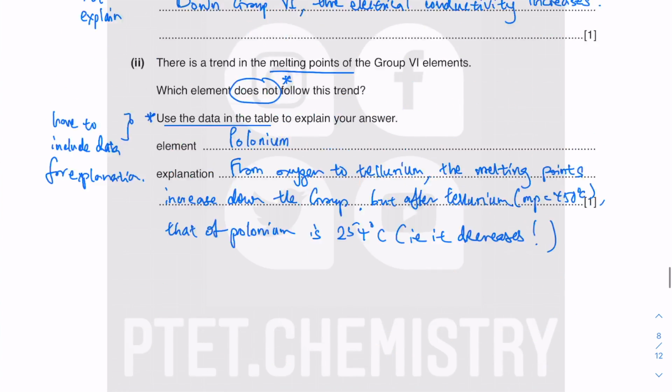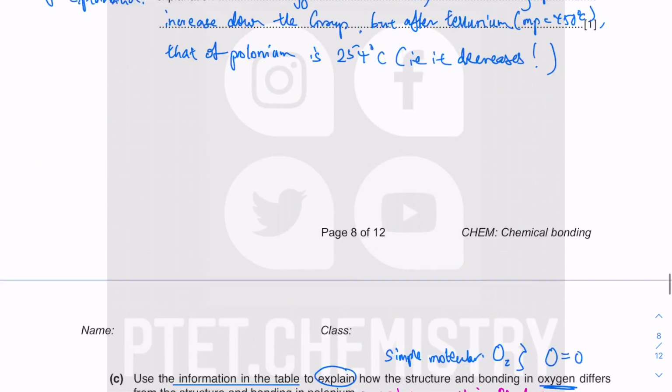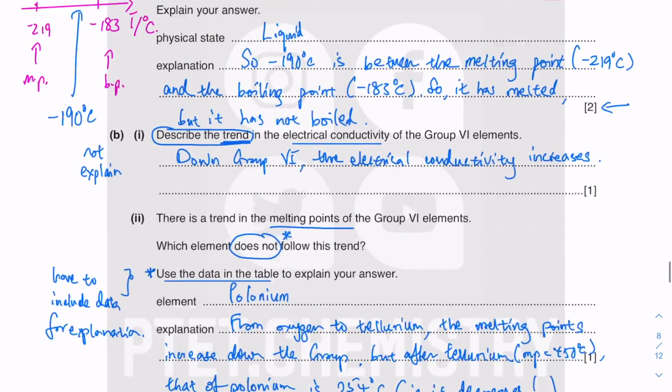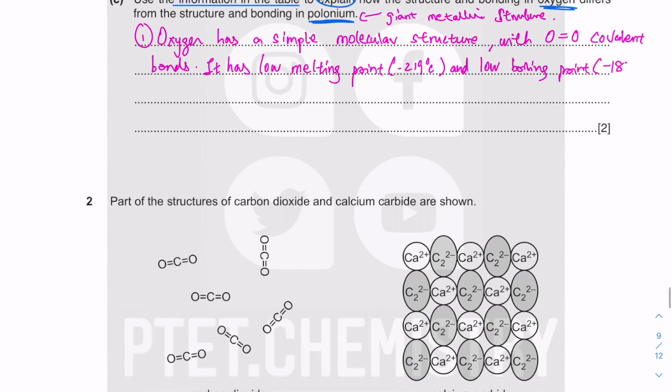What is the melting point of oxygen from the table? The melting point of oxygen is -219. So write that down. -219 degrees Celsius and low boiling point. So I'm using the data in the table. Okay, so -183 for the boiling point.